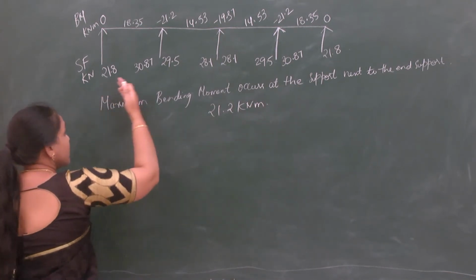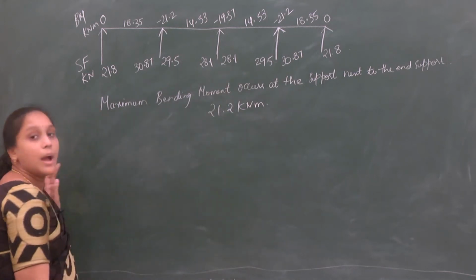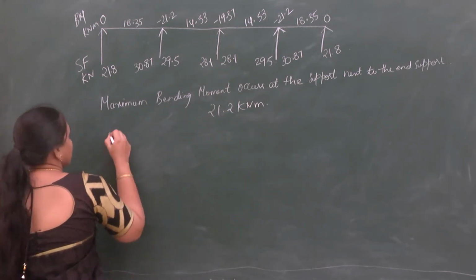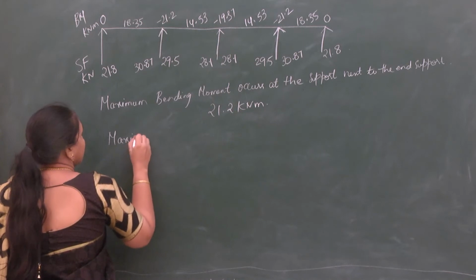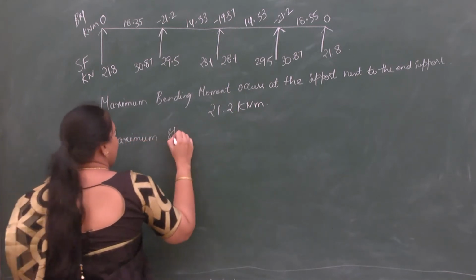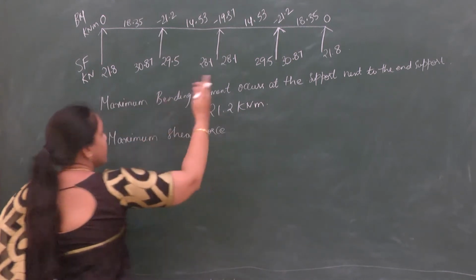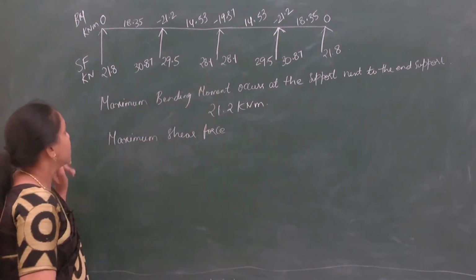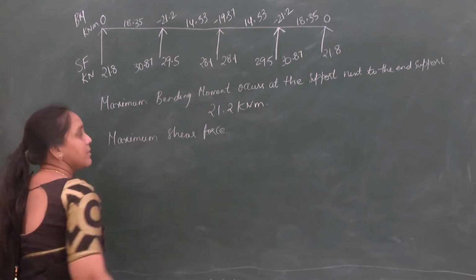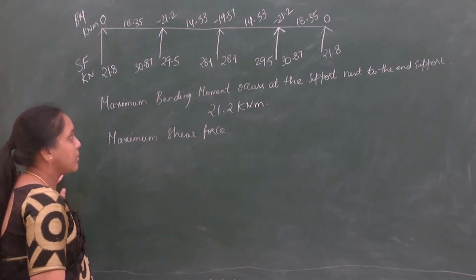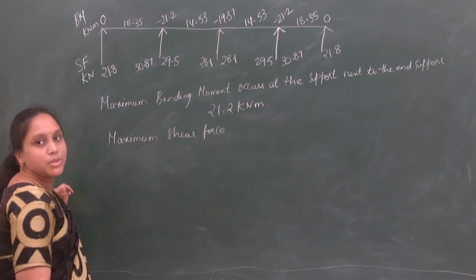Now, from this we can observe the maximum shear force. So where is the maximum shear force here? 30.87 is the maximum shear force that you can observe here. Where is that maximum shear force occurring?